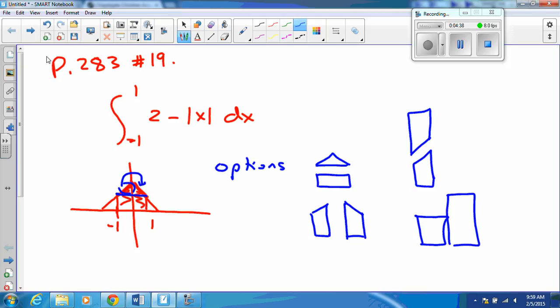So he takes this guy and he does this with it so that he ends up with this and this. Like that. Yeah, that's right. All of these are the same thing. As long as you cover all of the area, you're good.